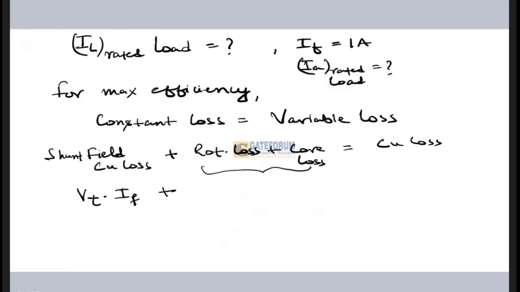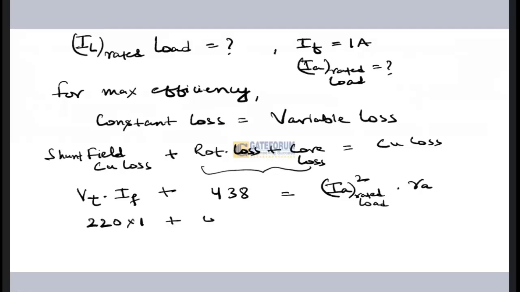The copper loss will be IA rated, because here you take IA at full load, IA square into RA, and RA is 0.5. So VT is 220, IF is 1, plus 438, equals IA FL square into RA, 0.5.